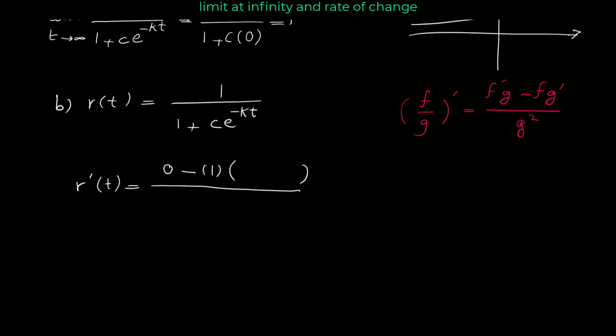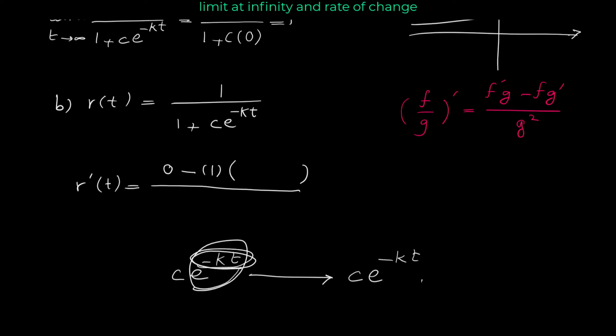But what is the derivative of c e to the negative kt? For finding the derivative of this, attention, c is a constant. Write the constant. You don't need to use any product rule for finding this derivative. Write the coefficient c, and take the derivative of the exponential function. The derivative of e to the negative kt is e to the negative kt times the derivative of the exponent. Don't forget, here you have to use the chain rule.